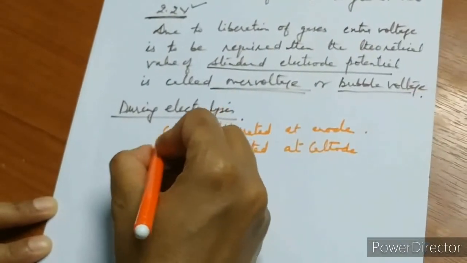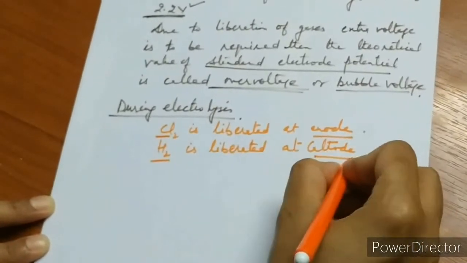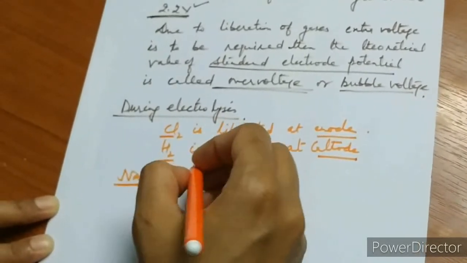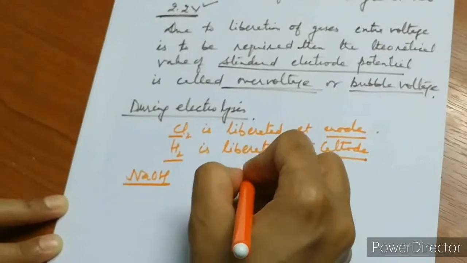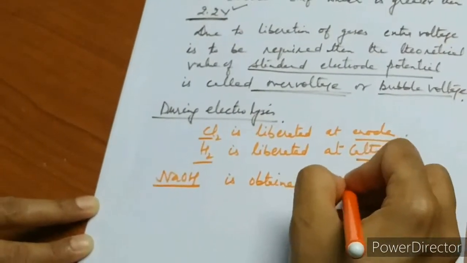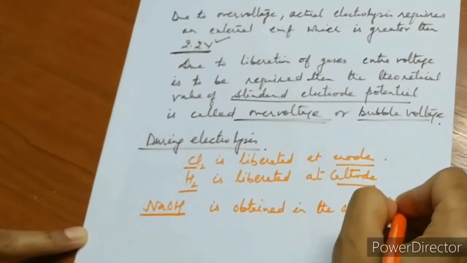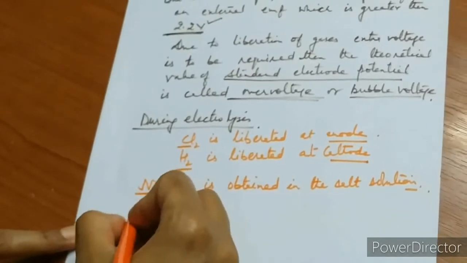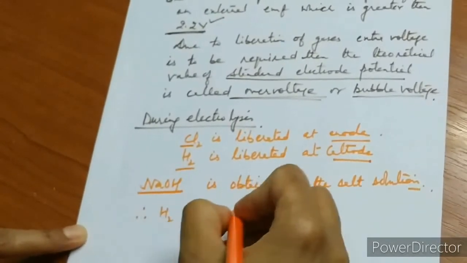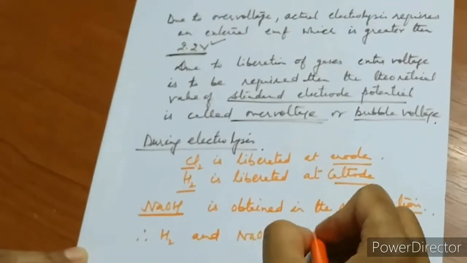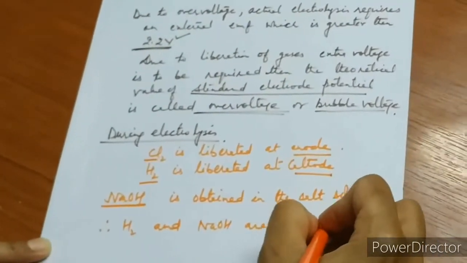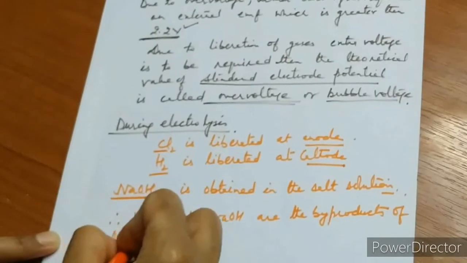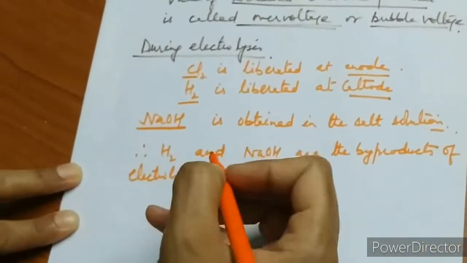So chlorine is liberated at anode and H2 is liberated at cathode, and NaOH, sodium hydroxide solution, is obtained in the salt solution. Therefore H2 and NaOH are the byproducts of electrolysis.